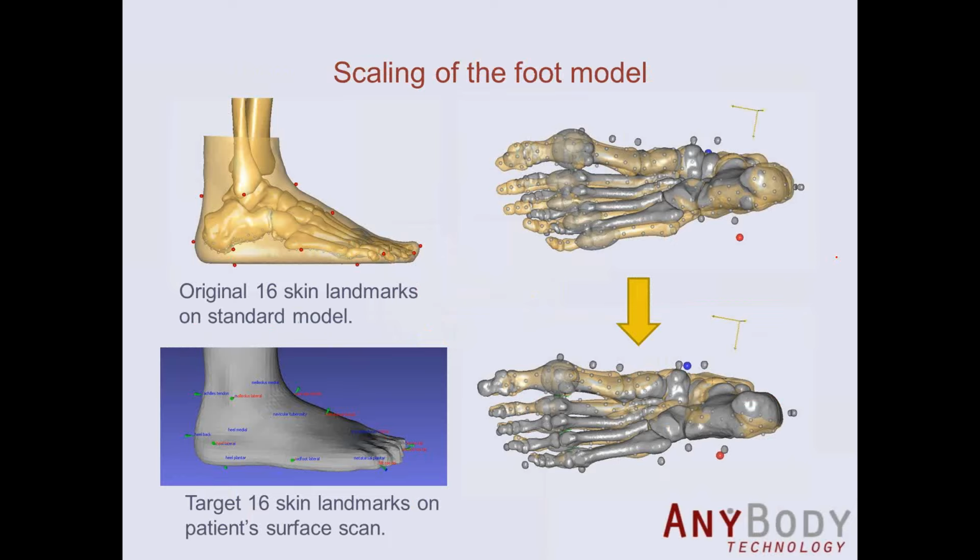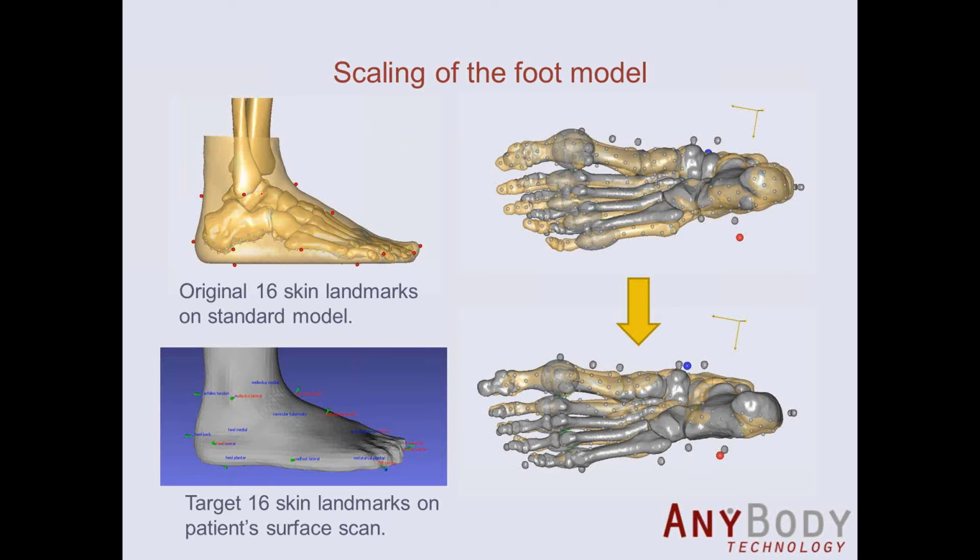First, for the scaling. So it's using the morphing facility of the AnyBody modeling system with the RBF scaling method. More concretely, for the case of the foot, it's using 16 landmarks. So those are landmarks that are placed on the surface of the skin.